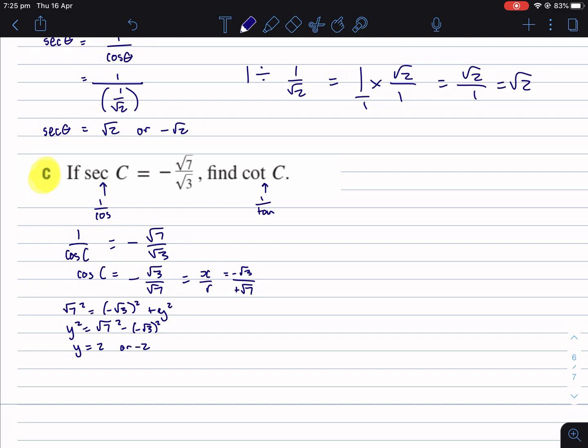Which means, I'm going to do it over here, I'm going to run out of page, whatever. So tan angle big C, which is y on x, is going to be 2 on negative root 3, or negative 2 on negative root 3.